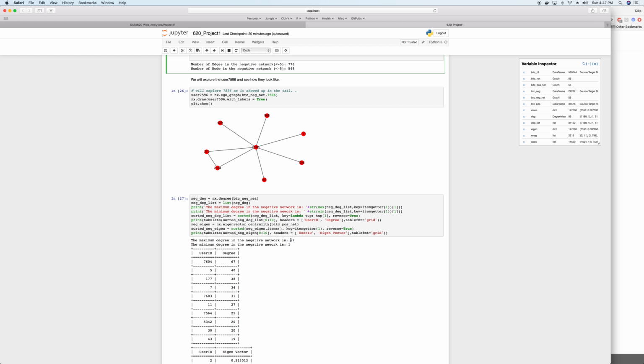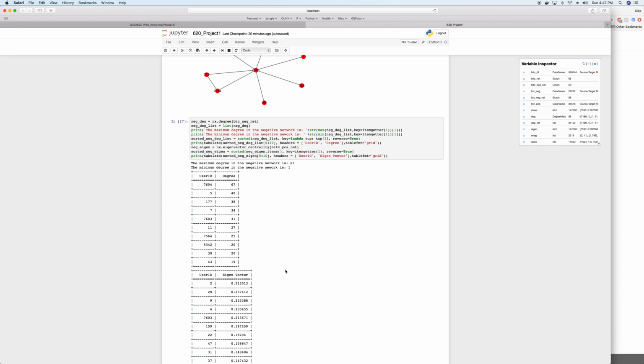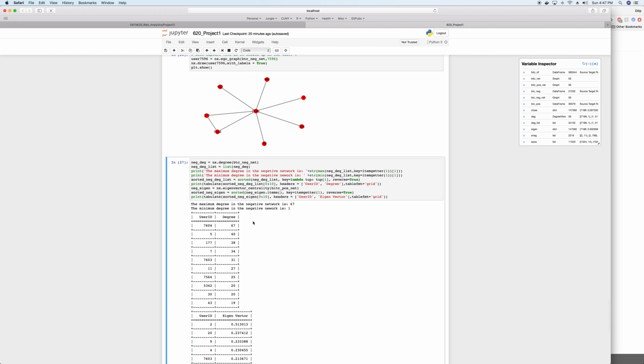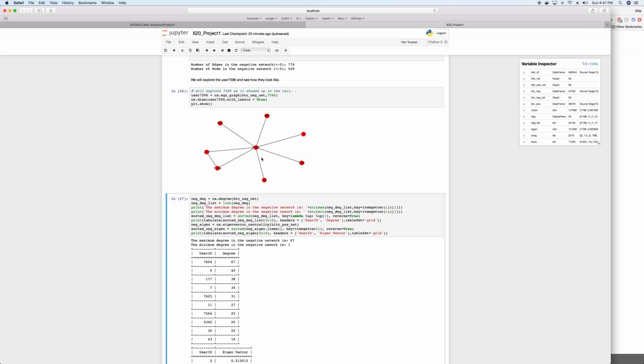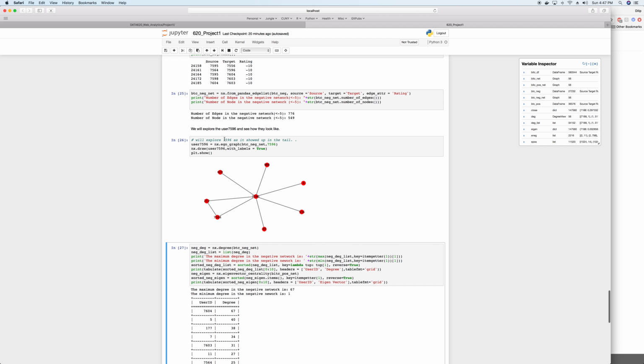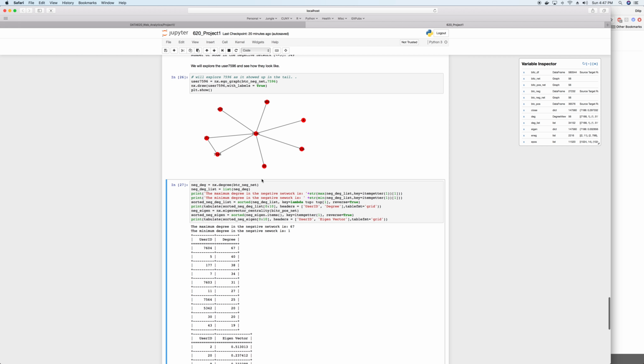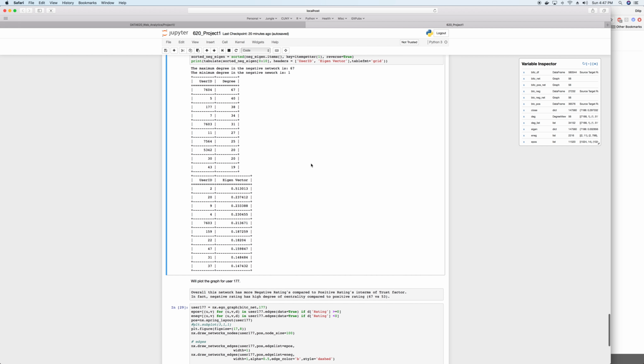We did the degree as well as degree centrality and the eigenvector calculation. And then we saw that user 7604 had 67 connections in the network. Here we also wanted to explore one individual, 7596, who was at the bottom of the network, so we looked at how many connections that particular individual has.